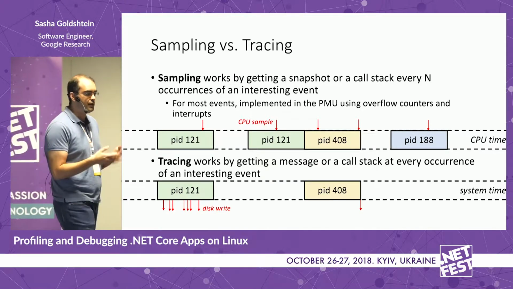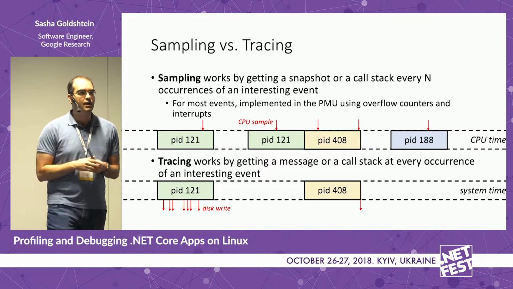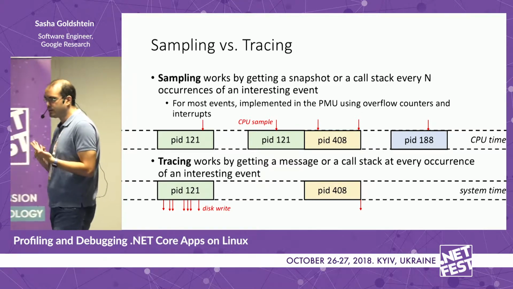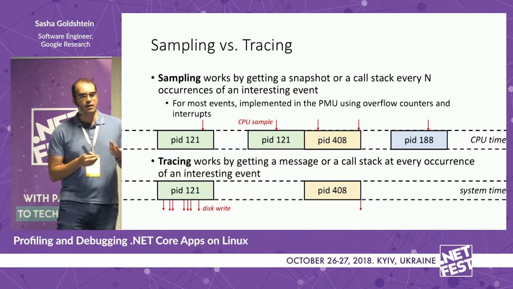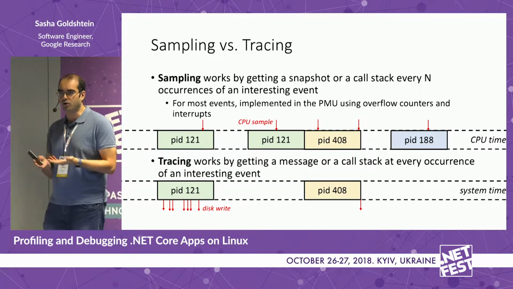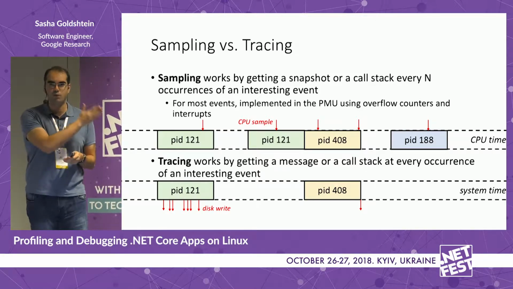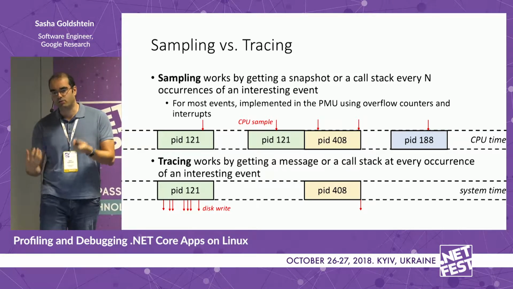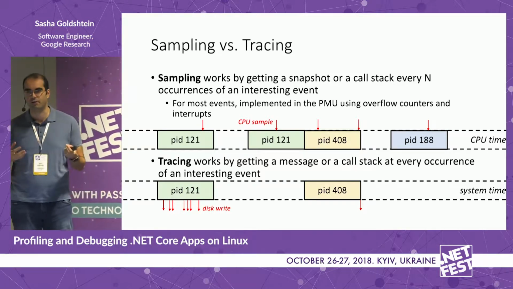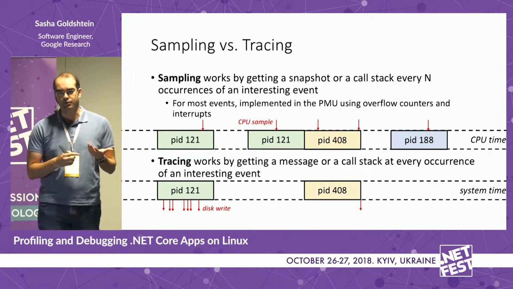So you're not continuously logging everything, you're just occasionally stopping the system and taking a snapshot. And that's what we do with high-frequency events that we can't record, we can't log, because there's so many of them. So we have to just look at the system once in a while and see what it's doing, and try to use statistics to extrapolate to the full behavior.